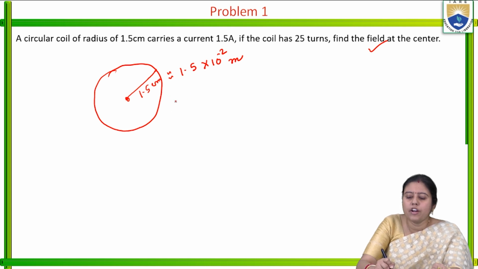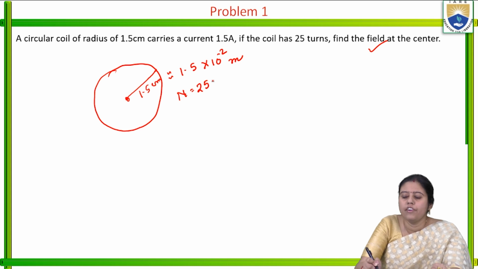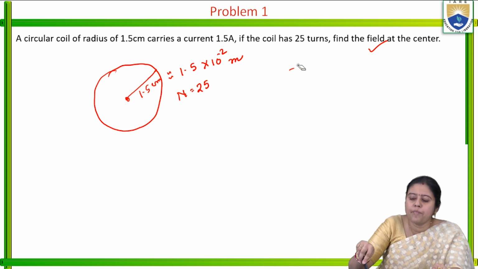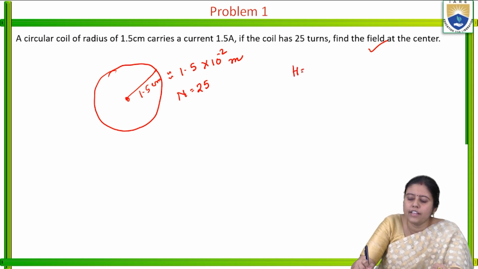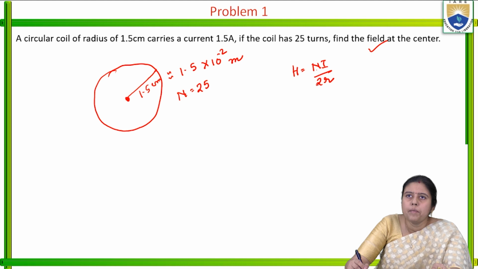So what is the number of turns? Number of turns is 25. What is H? First we will discuss Ampere's circuital law. According to Ampere's circuital law, and from Biot-Savart's law for a circle, the field at the center is H is equal to Ni by 2R. What is B?